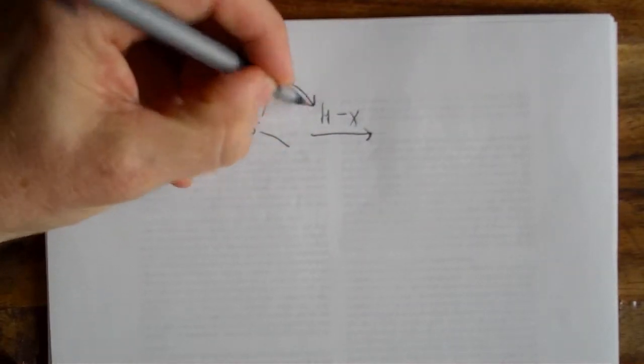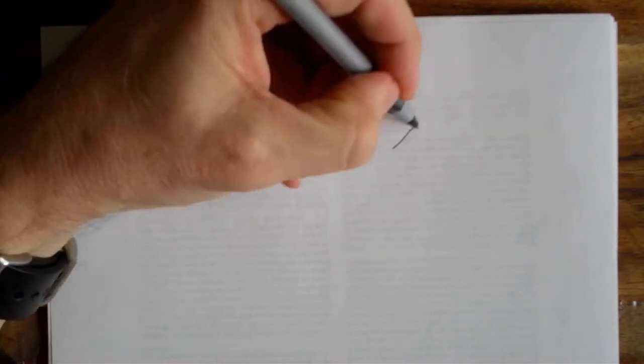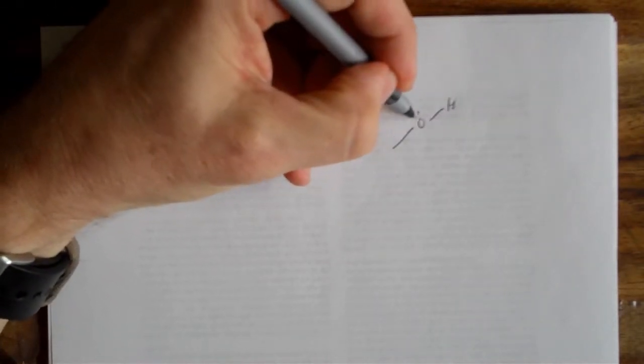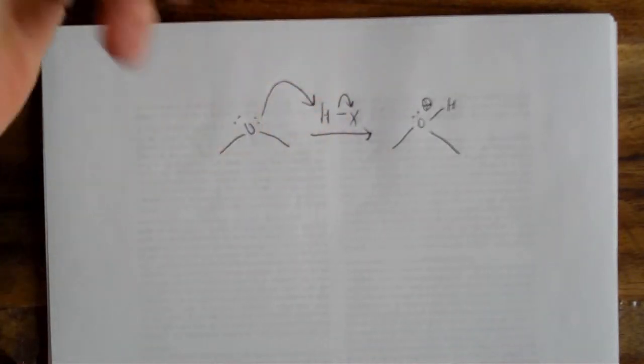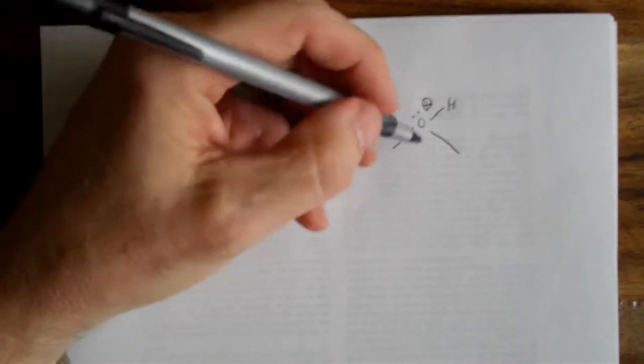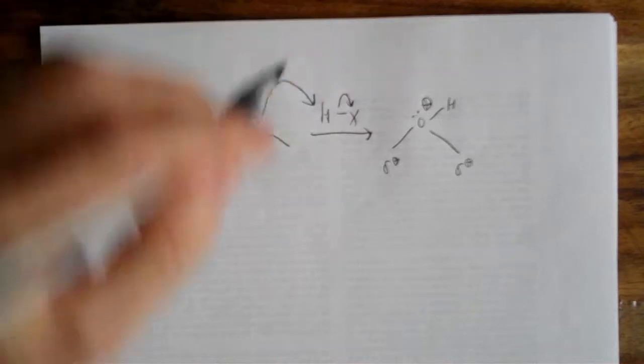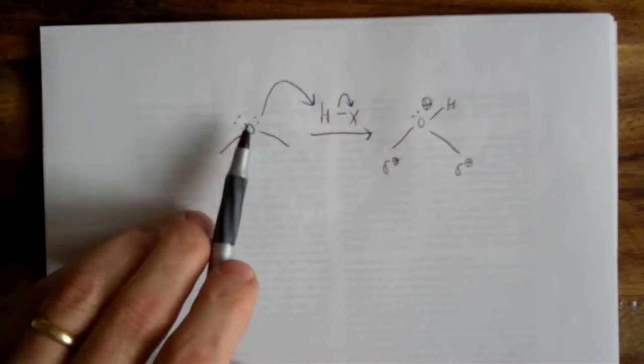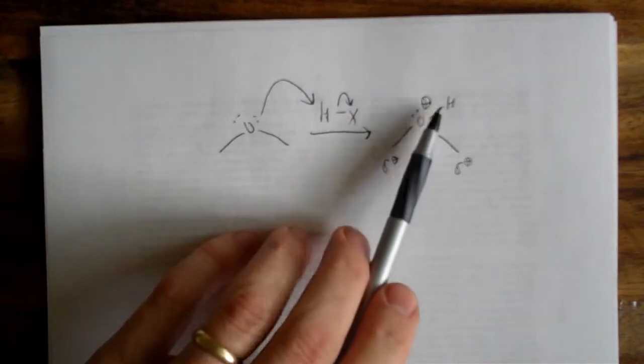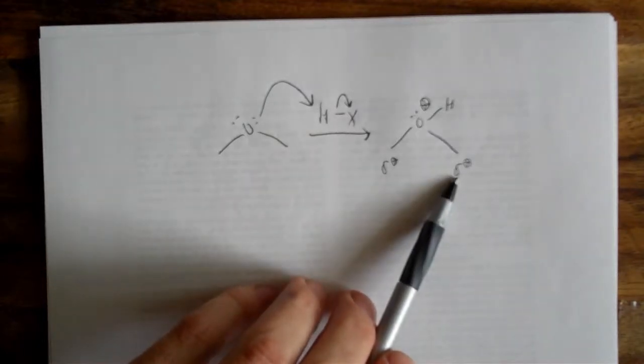HX, boom, boom. Right? There's a plus on there because oxygen has 3 bonds and 1 lone pair of electrons. Now that said, it makes a partial plus on that carbon and a partial plus on that carbon. They already had a partial plus on there because of the electronegative element. But the fact that we've got a proton on there makes it even more.